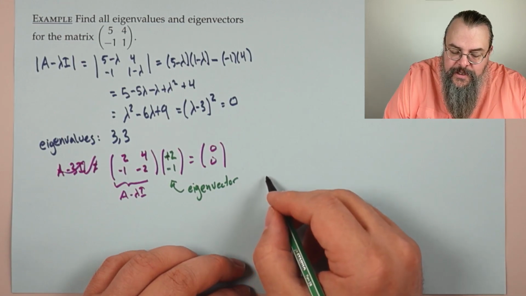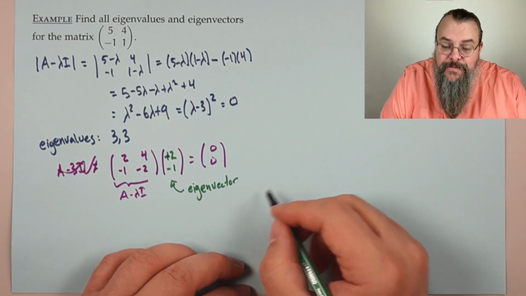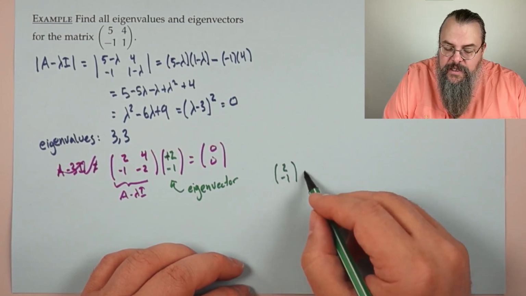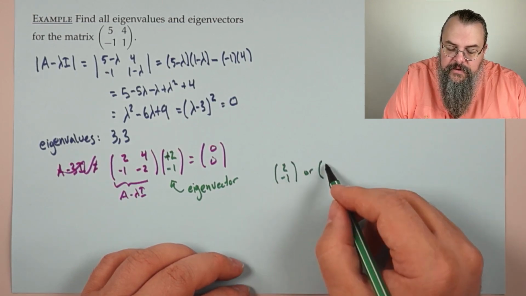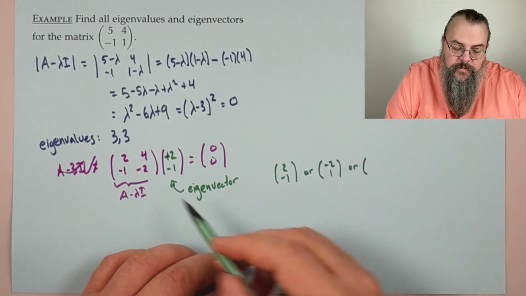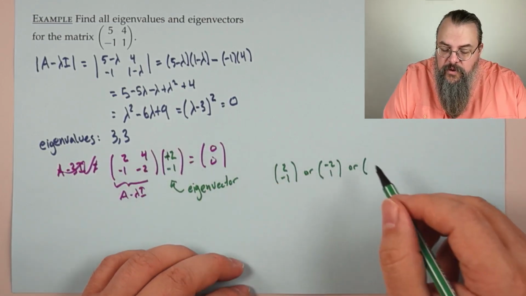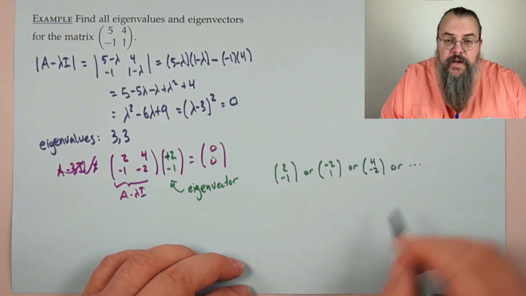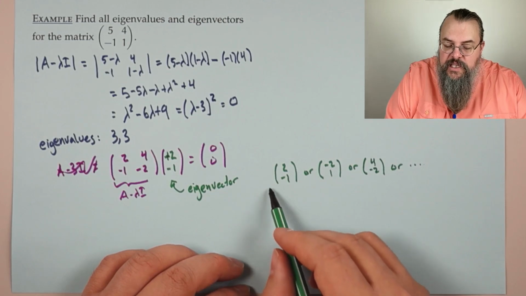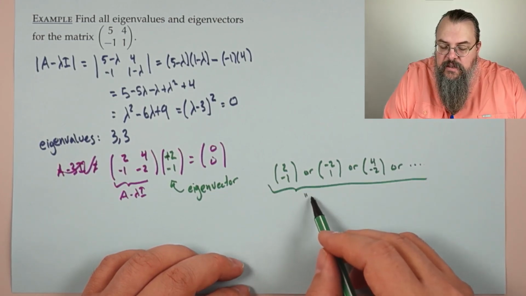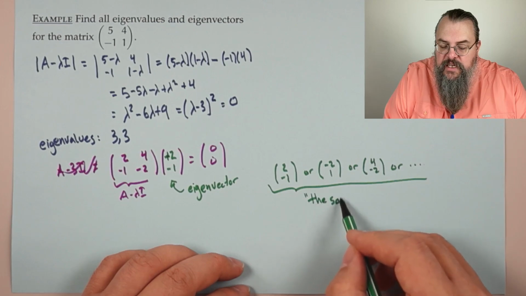So, okay, now, is there another one? Well, sure, we can do all sorts of things. We can multiply by negative, we could have negative 2, 1, or we could have used the other row, in which case we would have had 4, negative 2, or many, many other possibilities. But the thing is, these are essentially the same up to scaling.